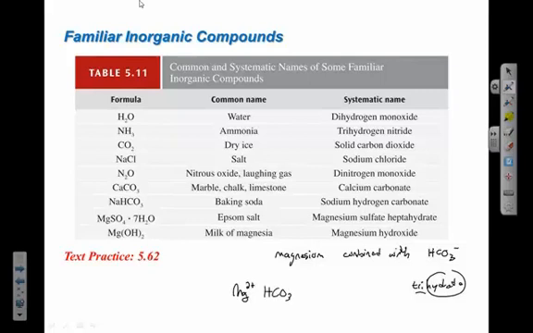So if that unit only has a negative, how do I fix the formula? Right, I have to put that whole thing in parentheses and say I've got 2 of those so that the charge is balanced. Then if I have a trihydrate, I would say that there are also 3 waters associated with each repeating unit. And that would be the formula, because that represents the unit that's repeating over and over again if I have a sample of that.